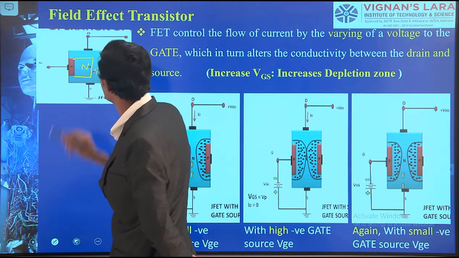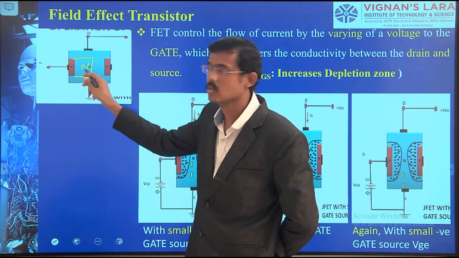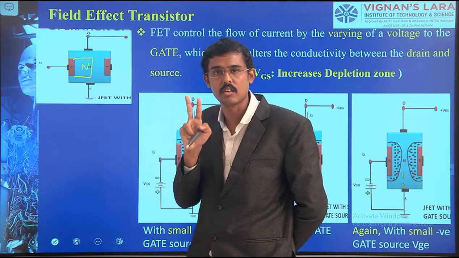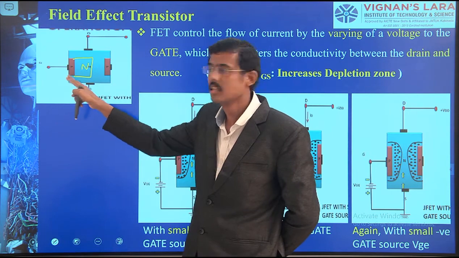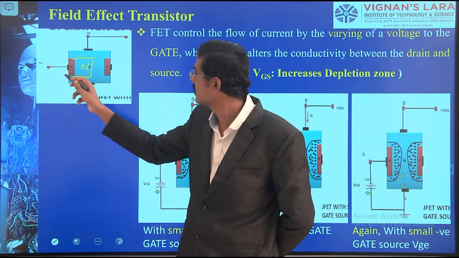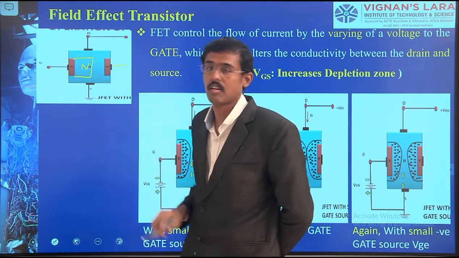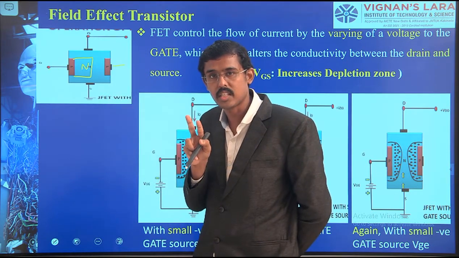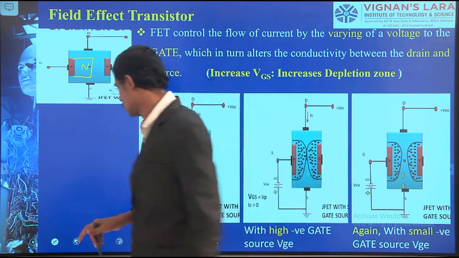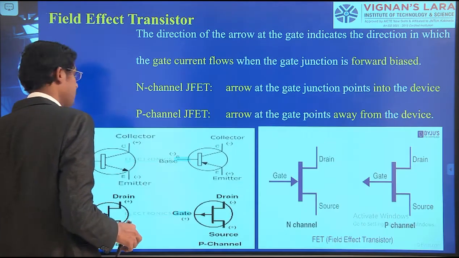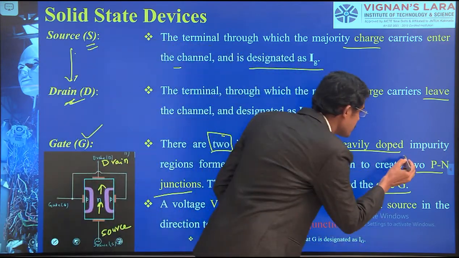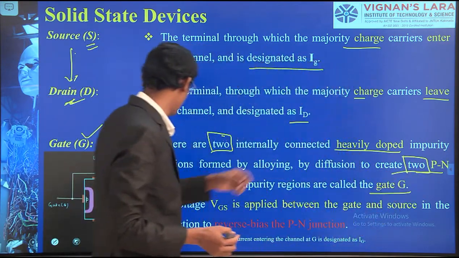This zone is the N zone and that zone is the P zone. So here one PN junction is formed, and two PN junctions are formed: one on the left side, one on the right side. We have a gate connection here, like a base connection, here also and here also. So there are two PN junctions formed from this PNP configuration. That is what I have mentioned there.